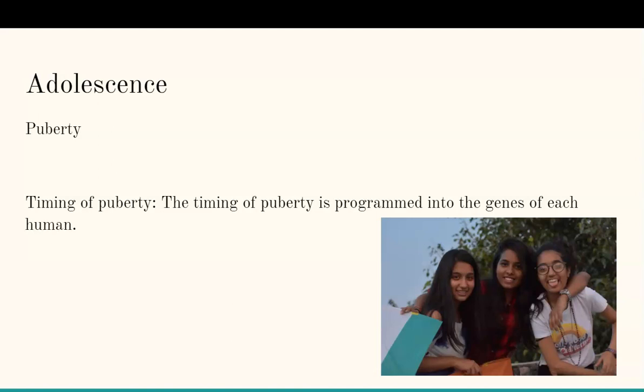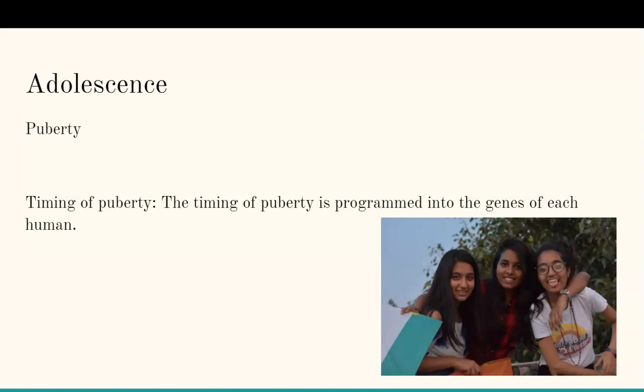The timing of puberty is programmed into the genes of each human. So when you were born, your genes automatically knew when they were going to turn puberty on. It was already programmed into your genes from when you were born. And when the genes finally got the green light, that's when they turned on puberty.